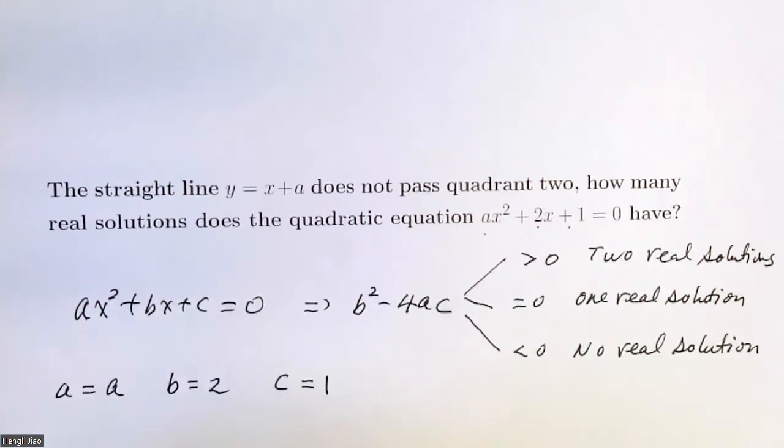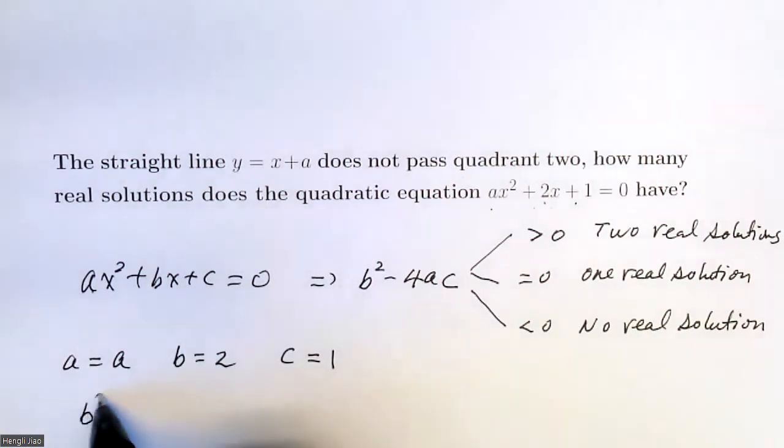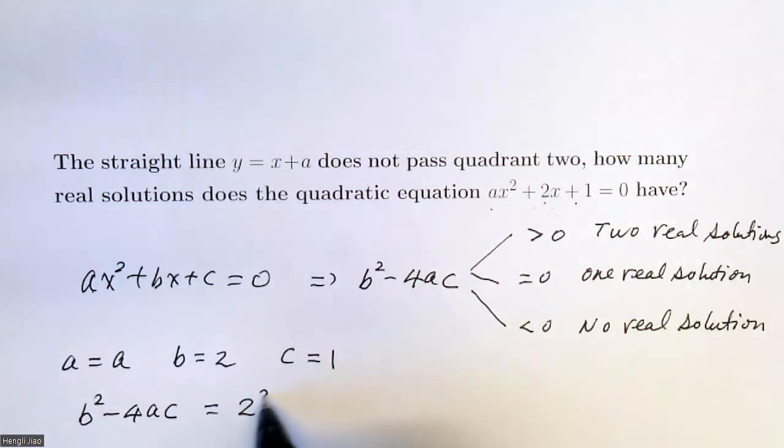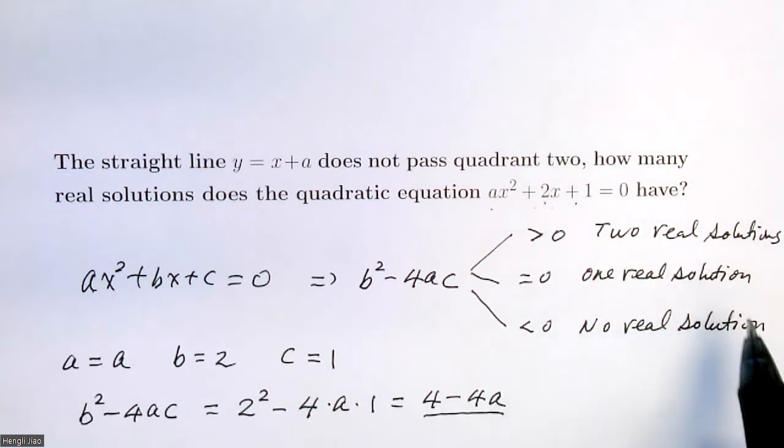So therefore, we have b squared minus 4ac equal to 2 squared minus 4 times a times 1, which is 4 minus 4a. So we have to determine the sign of 4 minus 4a to see if we have 2 real solutions, 1 real solution or no real solution.